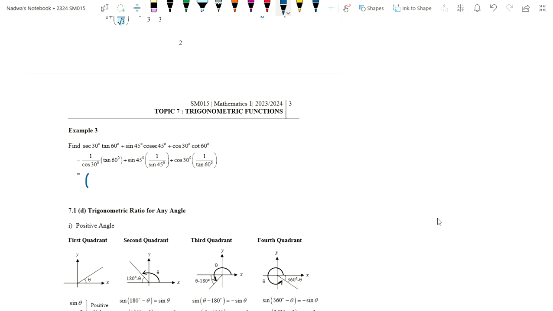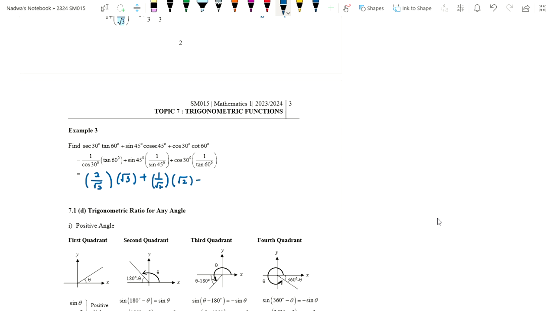So now, if we want to write this in the exact form, 1 over cos 30, since cos 30 is root 3 over 2, so 1 over cos 30 is 2 over root 3. Tangent 60 degree is root 3. Sine 45 is 1 over root 2. Yes, I had to memorize this back then. 1 over sine 45 is 1 over 1 over root 2, so it's just root 2.